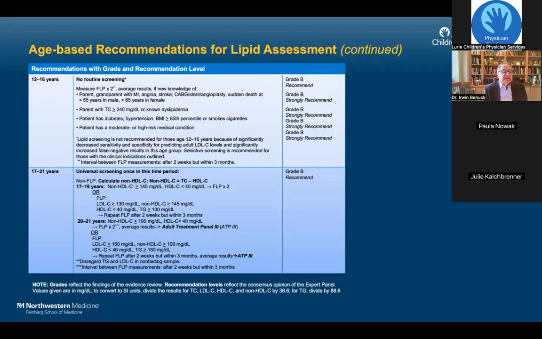Okay, on the next slide, you will see between 12 and 18, there's no routine screening. And this is something that we actually figured out at Jones Memorial Hospital in the early 90s, that lipids really are pretty stable until about 11 or 12 years of age. And at that time, children are entering puberty, and they need hormones, and those hormones are derived from cholesterol.